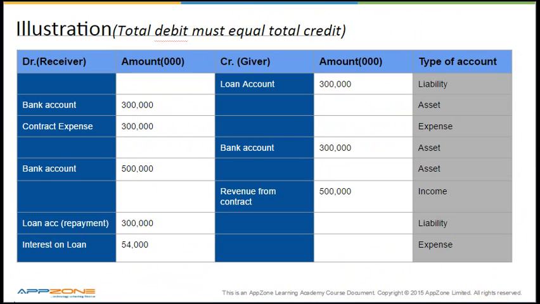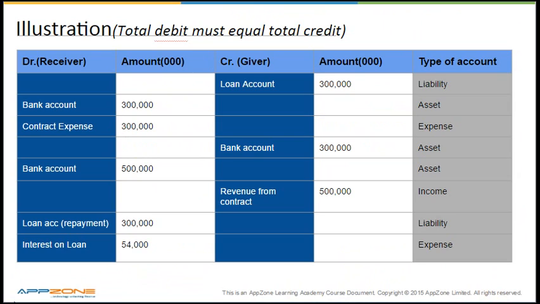Now, in the course of carrying out the job, ZoneTech incurred contract expenses. It was stated that the contract expense incurred amounted to 300 million. Where did the money come from? Of course, you're right, the bank.